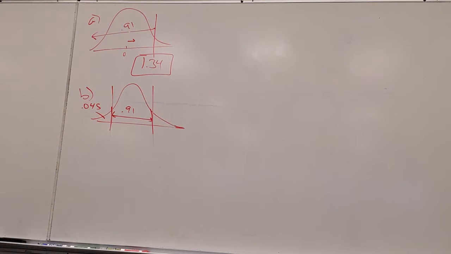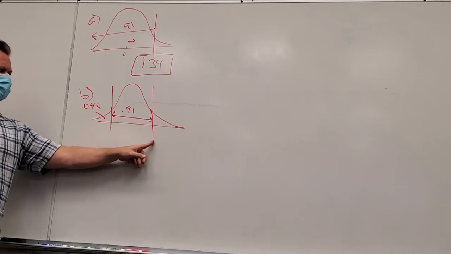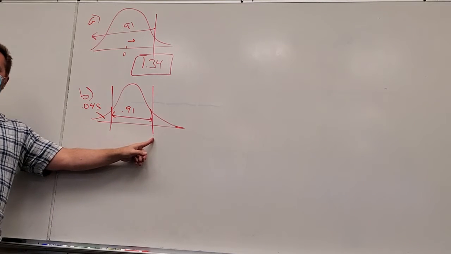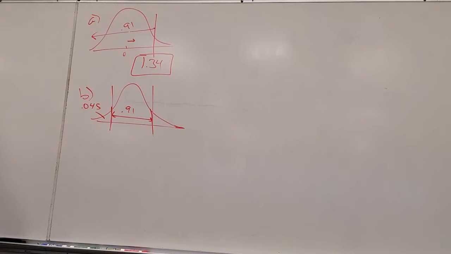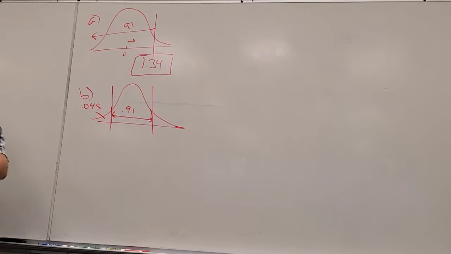Another thing: whatever this z-score is, how will this one relate to it? Same thing, but positive, because it's symmetric. So if I bound the middle of something, since zero is in the middle, it's symmetric, I just need to get one z-score because the other one is automatically just the positive of that. Does that make sense? Okay, so what do you get when you look up 0.045?